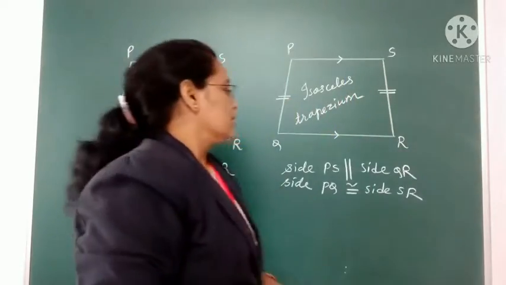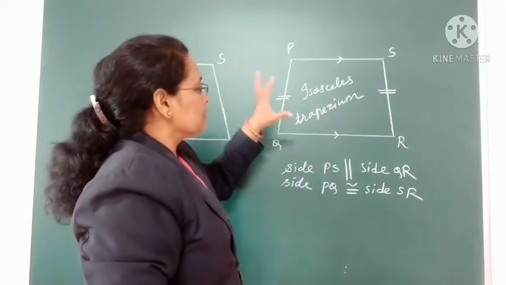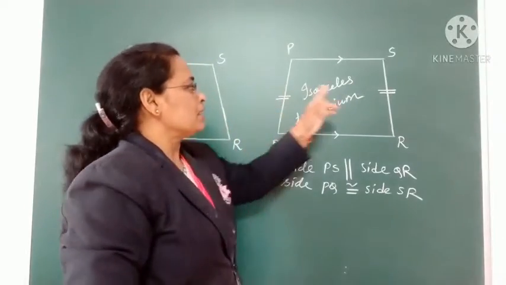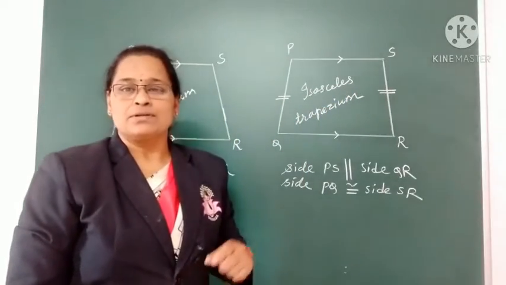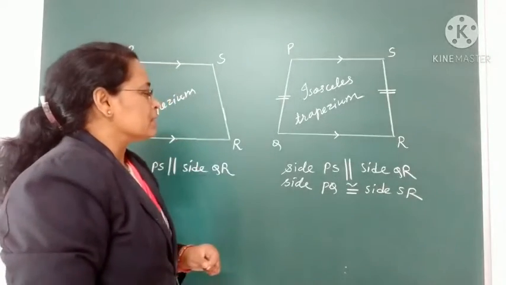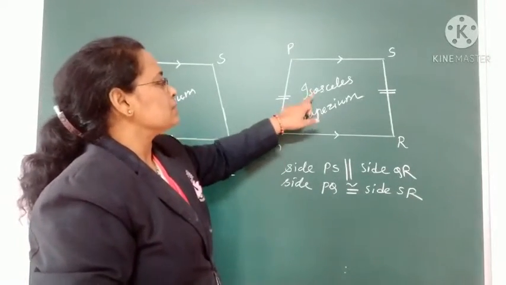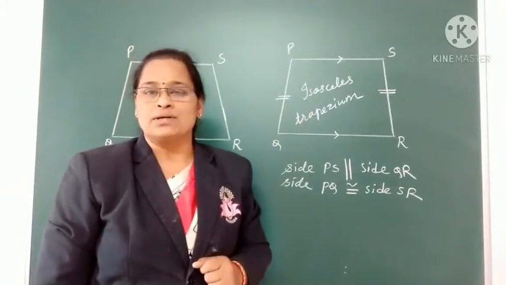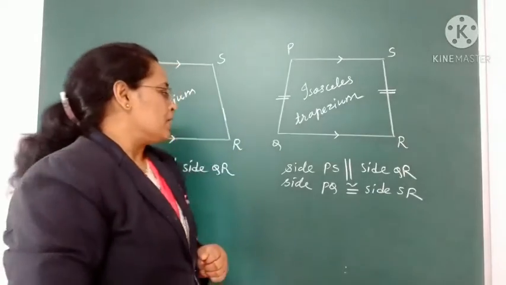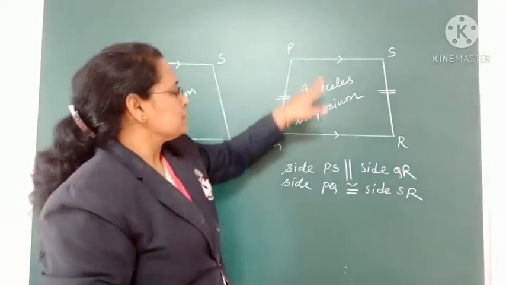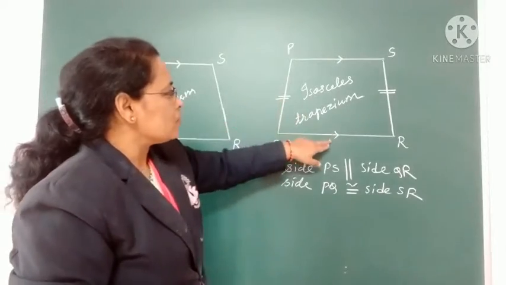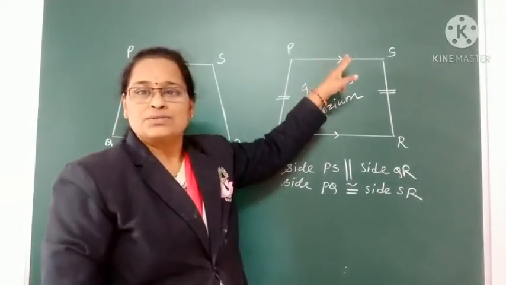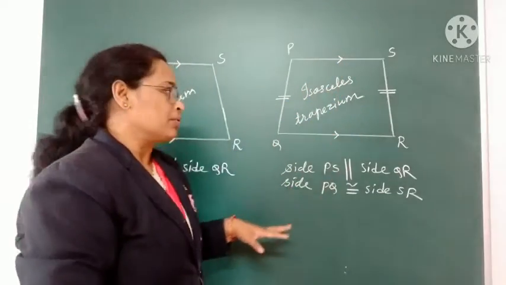And if in a trapezium the non-parallel sides are congruent, then such a trapezium is called an isosceles trapezium. Here you can see side PS is parallel to side QR, and this arrow I have shown to understand that these two sides are parallel, not congruent.